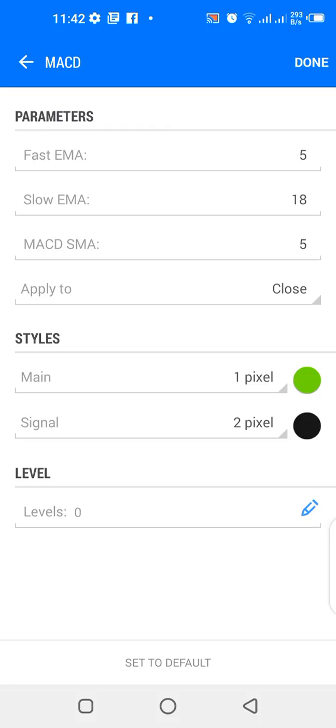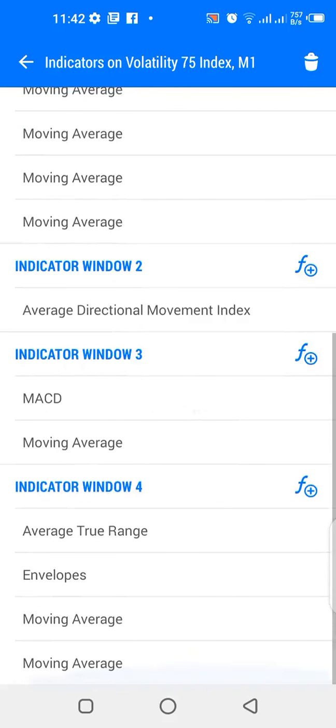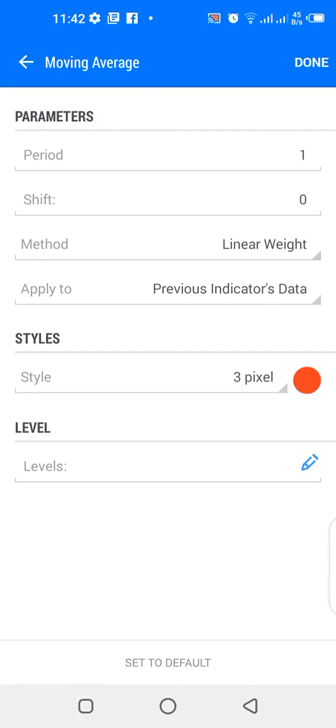The signal style color is black. Then you have 0 level. Apart from MACD, we have just one moving average, with period 1. Shift is 0. Method is linear weighted, applied to previous indicator's data, and the color is red.